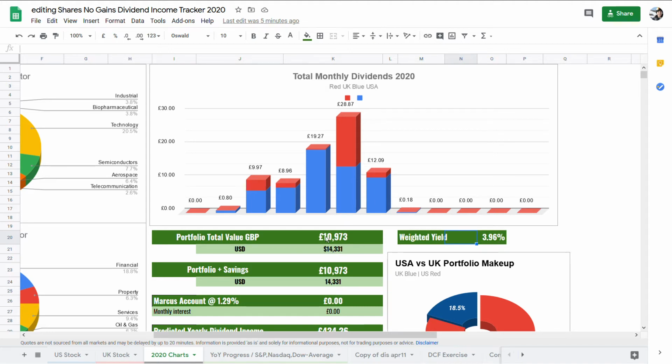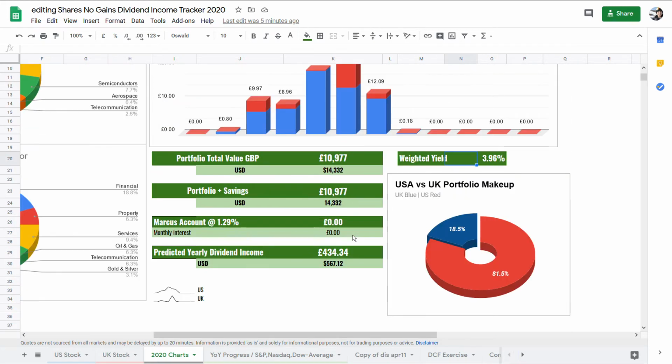So the value of my portfolio is £10,973. And you can see my predicted yearly dividend income should be £434, or $567 per year.